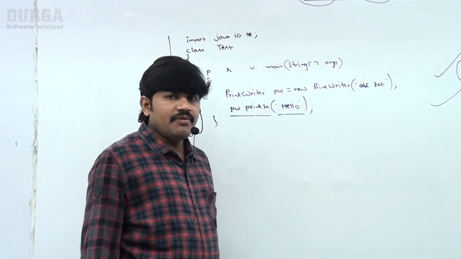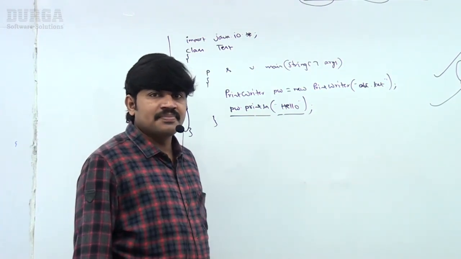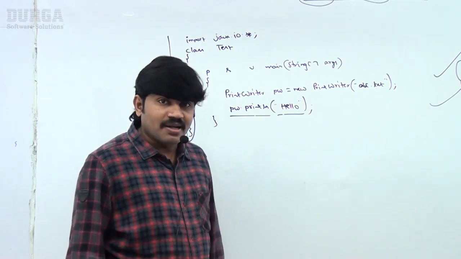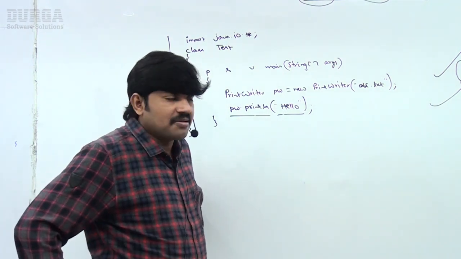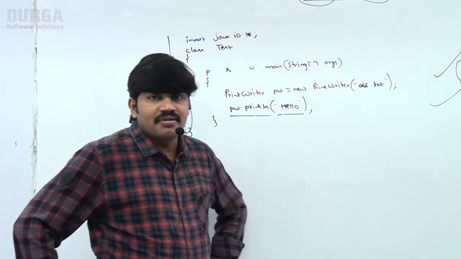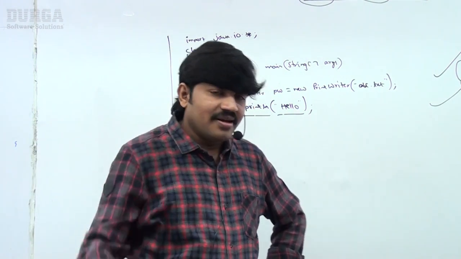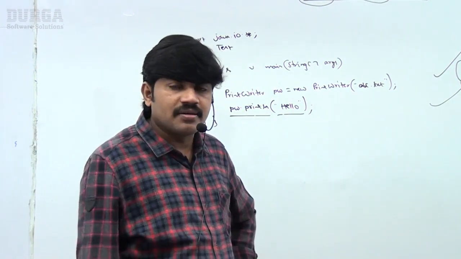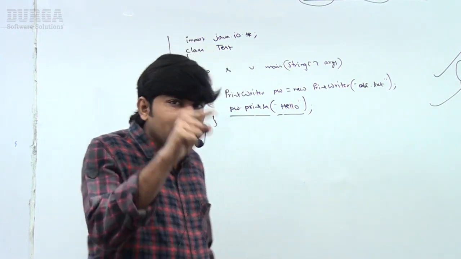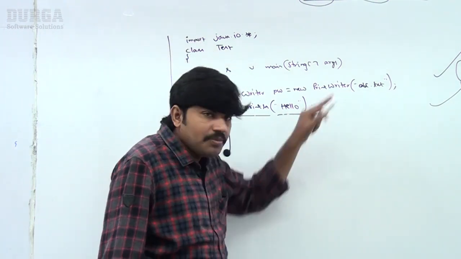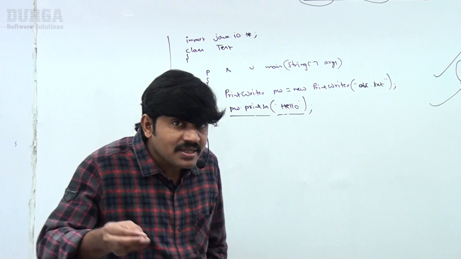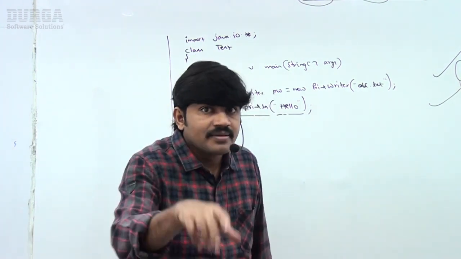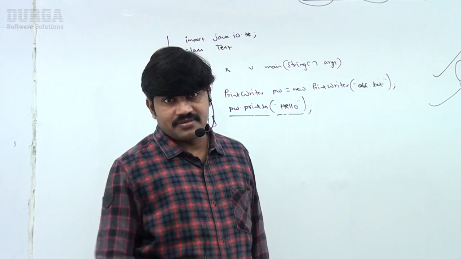Now I will ask the compiler, "Hey compiler, can you please compile this code?" Then immediately the compiler is going to tell, "Durga, sorry, I can't compile." Then I will ask, what is the reason? "Durga, you are trying to write hello to abc.txt. If the abc.txt file is not available, then there may be a chance of FileNotFoundException. Correct or not?